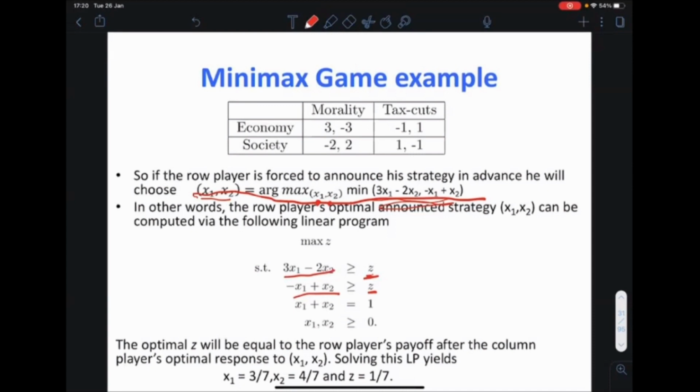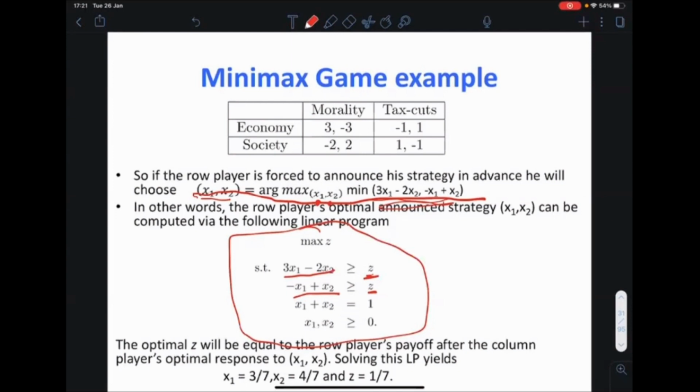Whereas the column player basically says, I want to choose the one that has the lowest value. But for now, looking at this formulation, I don't really introduce the column player's decision here at all, right?